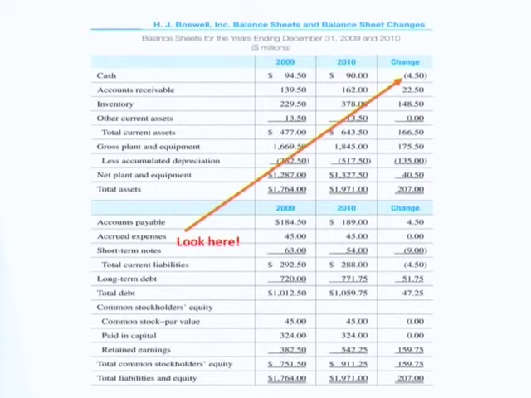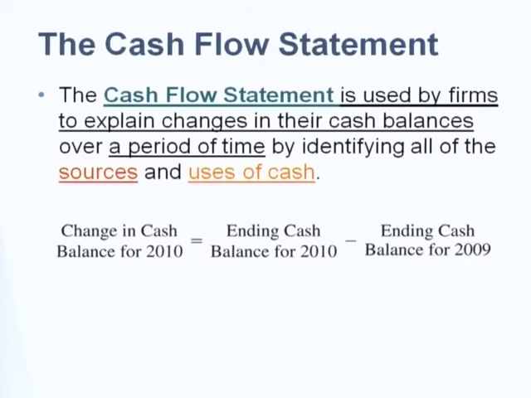This is the balance sheet for the corporation. You see, we have provided two years of information, 2009 and 2010, and we see the change of each element of the balance sheet. So we try to analyze what's going on for the change of cash balance. Once you look at this equation, we need to go over it again.